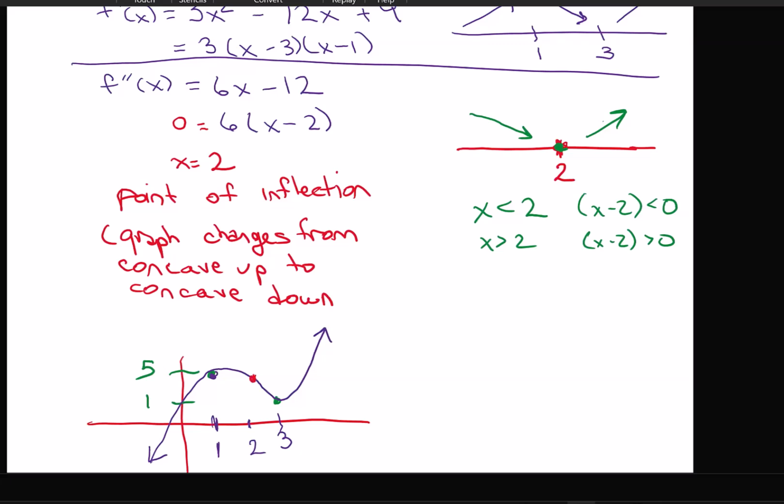That's my point of inflection. I can say all this is concave down, but starting right here, it goes into being concave up because of this being negative and this being positive. And that's really us putting it all together.